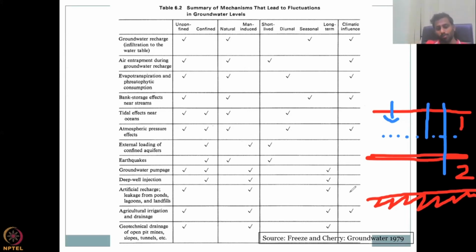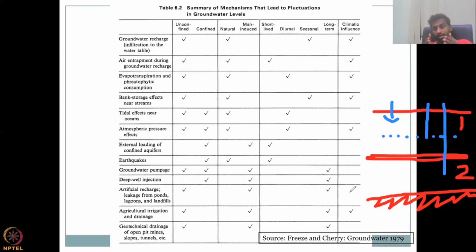Geotechnical drainage of open pit mines, slopes, tunnels, etc. This is the geotechnical drainage because you push water into these kinds of pits, mines, etc. So when you have a mine where they collect the ores and stuff, they have a specific space where they can dump all this water.